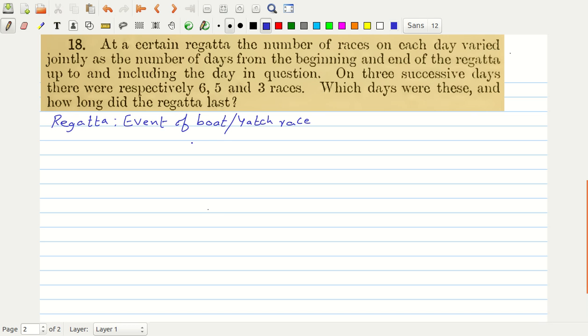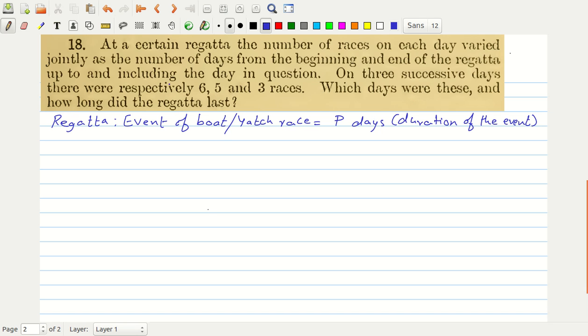So, what this problem is saying is that this event was held for some number of days. Let us say that it was held for p number of days. This was the entire duration of this event, p days. So, the regatta was held for p days.